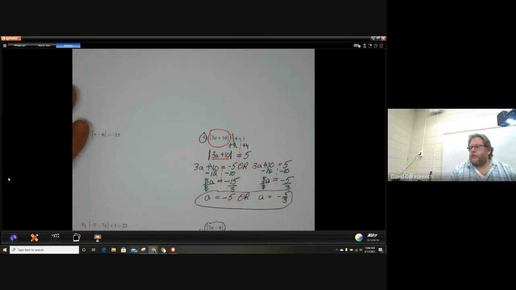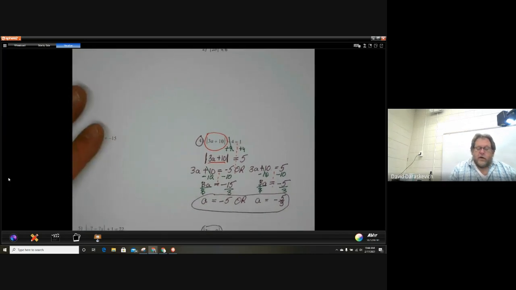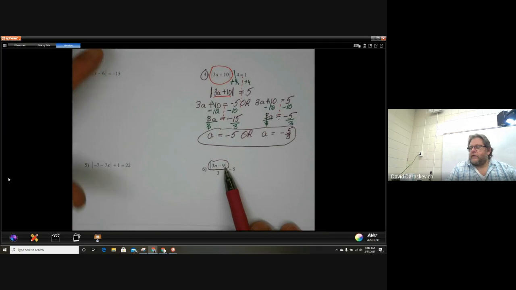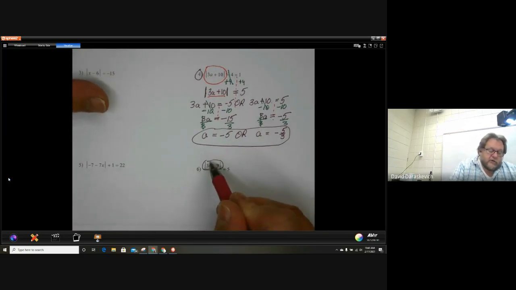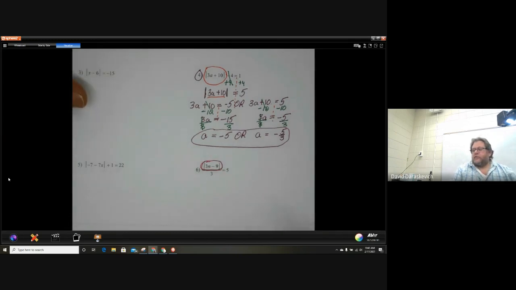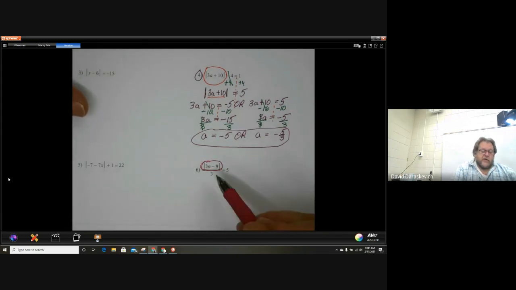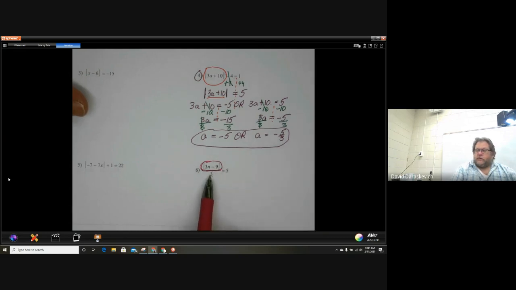There's one more thing I wanted to show you, okay? On problem number 6 in your practice packet, remember I told you guys you have to get that absolute value term by itself first. This time it's in a fraction, right? Everybody remembers how to get rid of the fraction before you separate it.